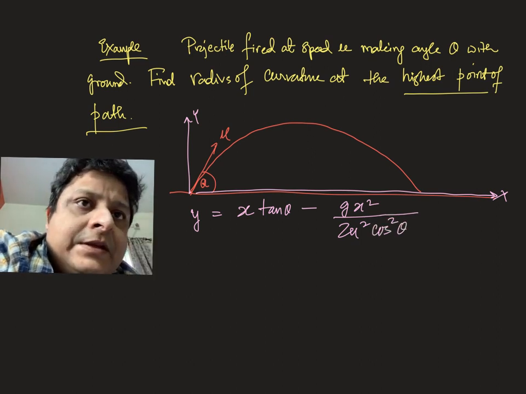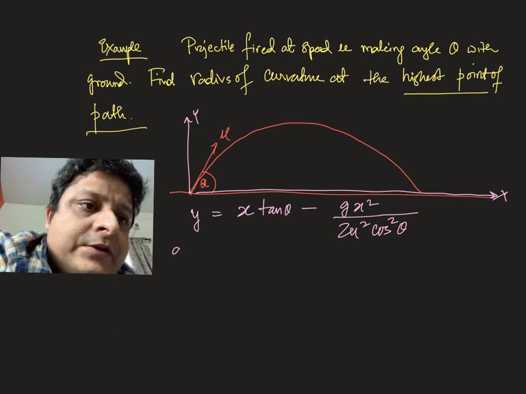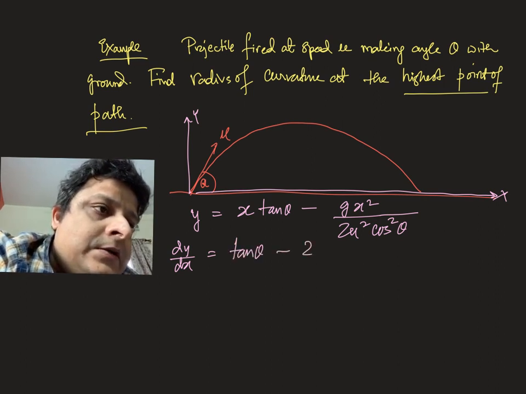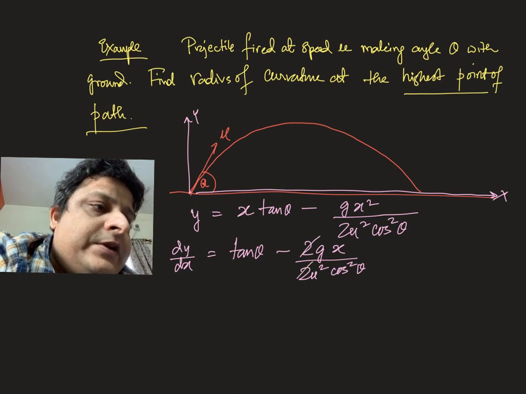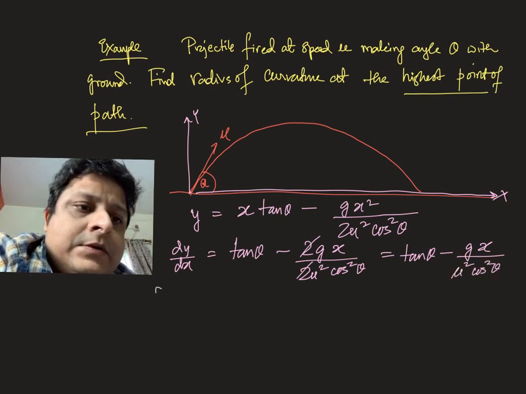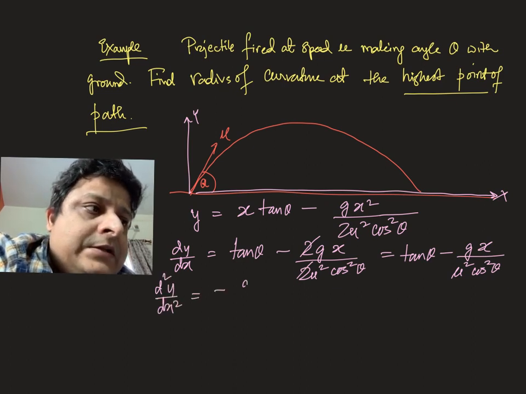Now we will use the formula of radius of curvature. Now dy by dx is tan theta minus 2gx by 2 u square cos square theta. This 2 will cancel out. So that's tan theta minus gx by u square cos square theta. Now d2y by dx2 is minus g by u square cos square theta.